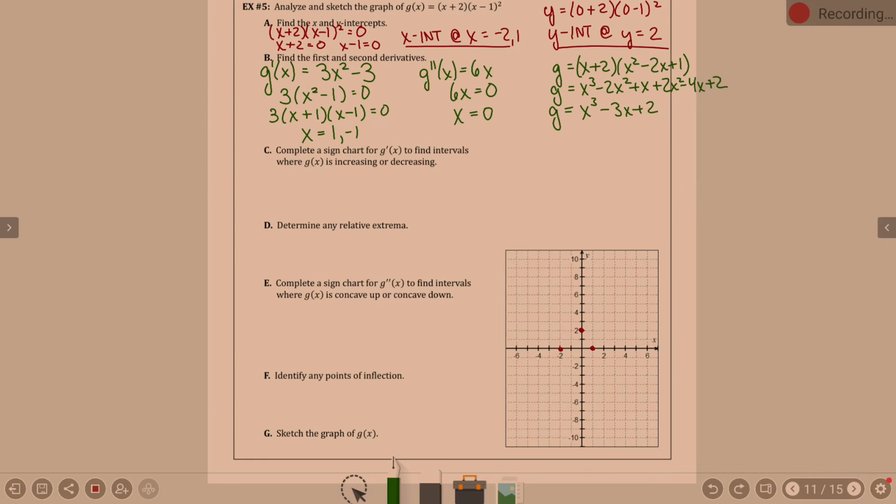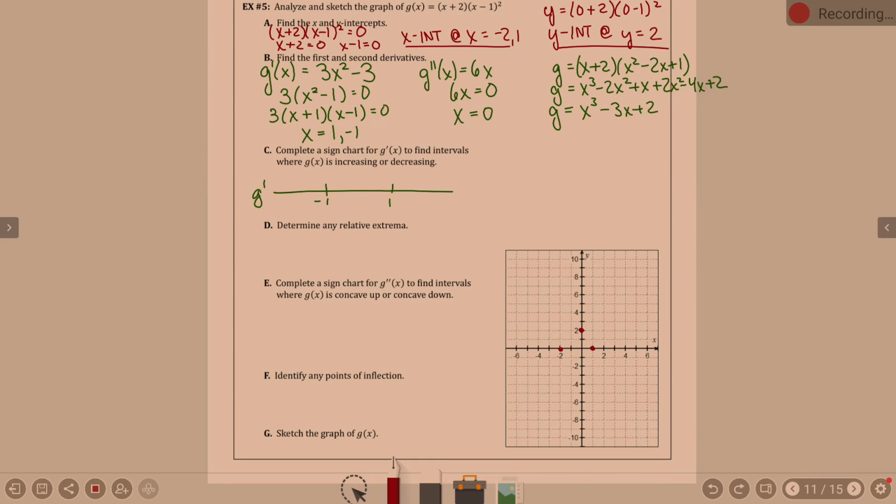C. Complete a sign chart for g prime, the first derivative, to find the intervals where g is increasing or decreasing. So what are my critical values I need on my first derivative? Negative 1 and 1, yes. We're going to take those and figure out increasing and decreasing.